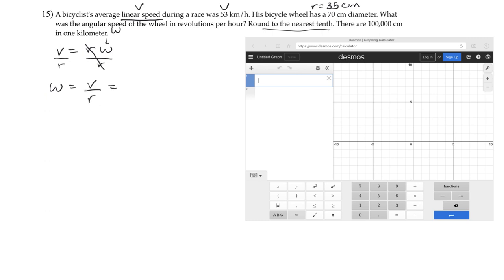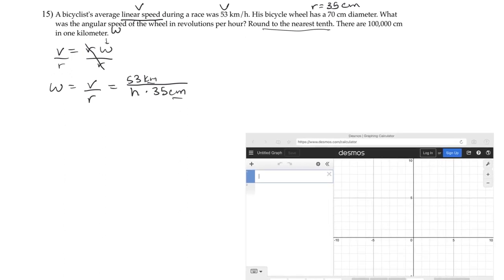Okay, so the velocity is 53 kilometers per hour. The radius is 35 centimeters. Now, the problem I have here, I guess, is that I have kilometers and centimeters. So I need to have those as the same unit. Let me move this down a bit.